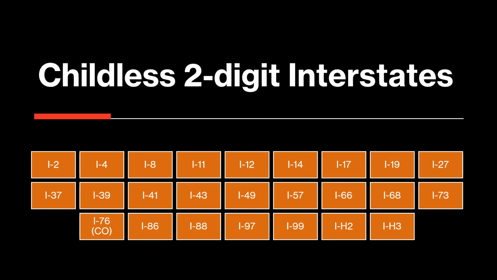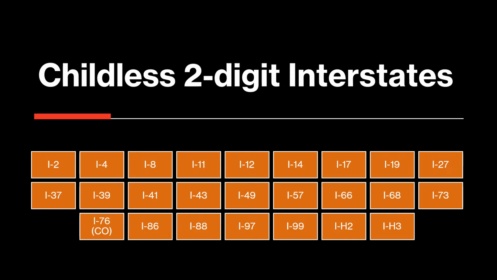The list I have here is I-2, I-4, I-8, I-11, I-12, I-14, I-17, I-19, I-27, I-37, I-39, I-41, I-43, I-49, I-57, I-66, I-68, I-73, I-76 in Colorado, I-86, I-88, I-97, I-99, IH2, and IH3.